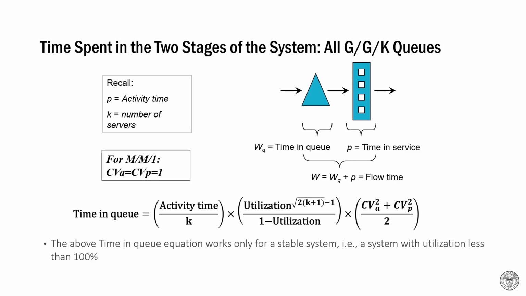That is, a system with utilization less than 100%. Once utilization reaches or exceeds 100%, we encounter the saturation effect, causing a dramatic increase in queue time.